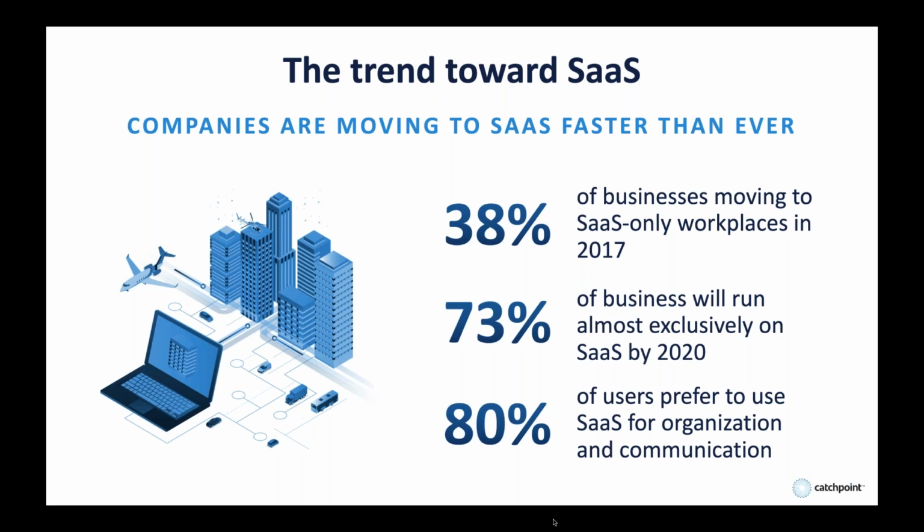We did a survey at Catchpoint, and we're a company of 174 employees, and we use 130 different SaaS applications. So this is a fairly big problem across the world, where everybody is moving to software as a service because it's much easier to run, much easier to maintain, and you don't have to go through CapEx and maintain those servers running a system that only works once a month or at the end of the quarter. So this is the trend that we're seeing, and obviously with this comes a lot of challenges.